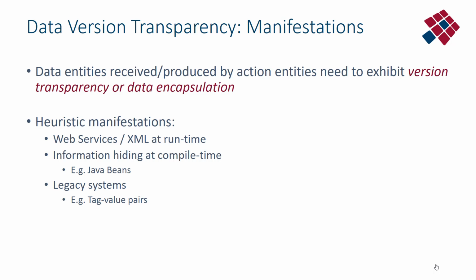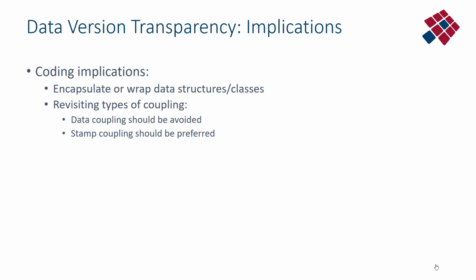Once again, this is not new. This has been done for a long time, although not systematically. You don't need extremely recent technologies like web services, REST interfaces, XML. You can do it even with legacy systems, and the very old COBOL systems often used tag value pairs, which were perfectly obeying this data version transparency design theorem or principle.